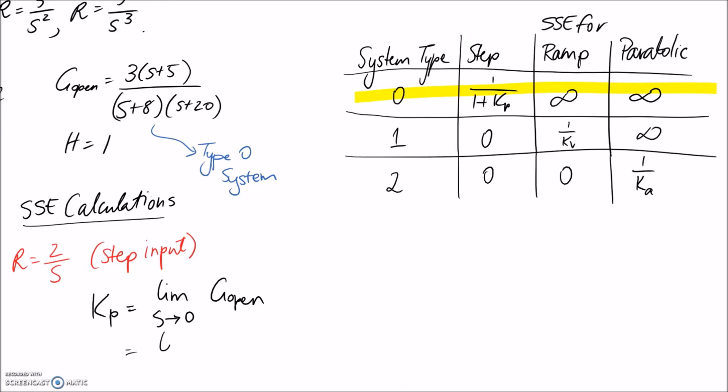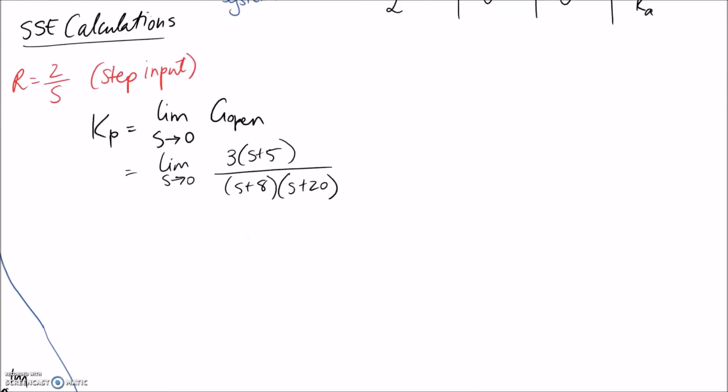All right, subbing in. So the open transfer function we said was this one here. Okay, double check that nothing cancels out. So yeah, we don't have any s's on the top and bottom line that are able to cancel. So we'll sub in our limit now where s is 0.